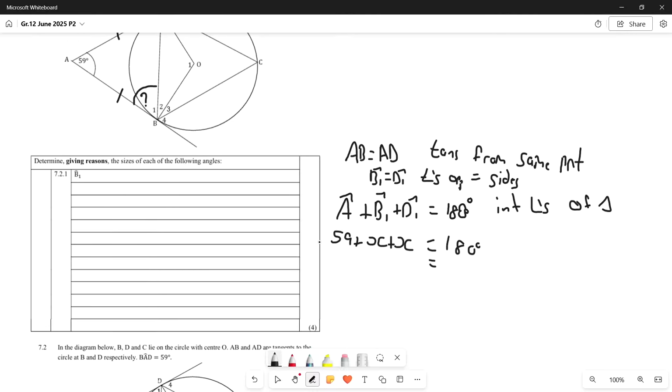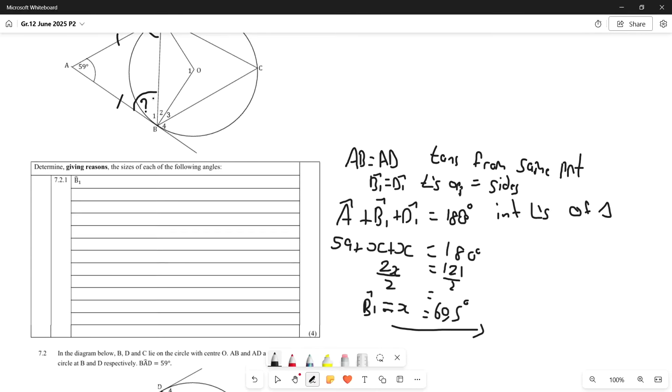So 180 minus 59 is 121 degrees, and X plus X equals 2X, and then we can go ahead, divide this by 2, divide that by 2, and X equals 60.5 degrees. And remember that X was B1 over here, so therefore B1 equals X equals 60.5 degrees.